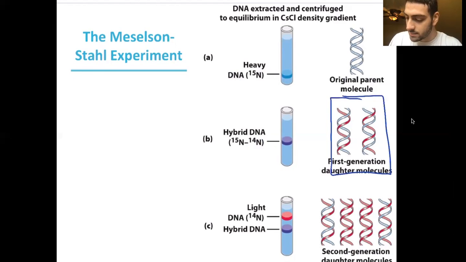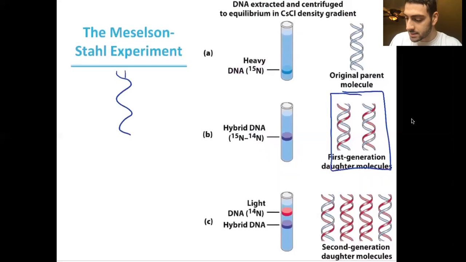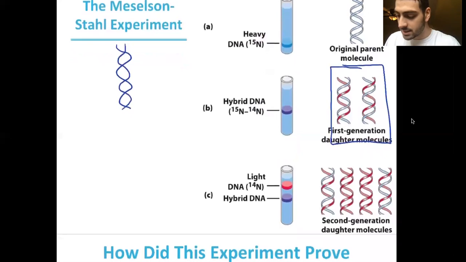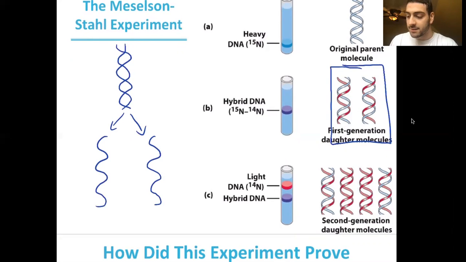So you go from here. This is the N15 heavy DNA. And during DNA replication, you're going to split these. So you're going to get one heavy parent on each. And then you're going to have, this is N14 nitrogen in the medium. And these are going to form base pairs.